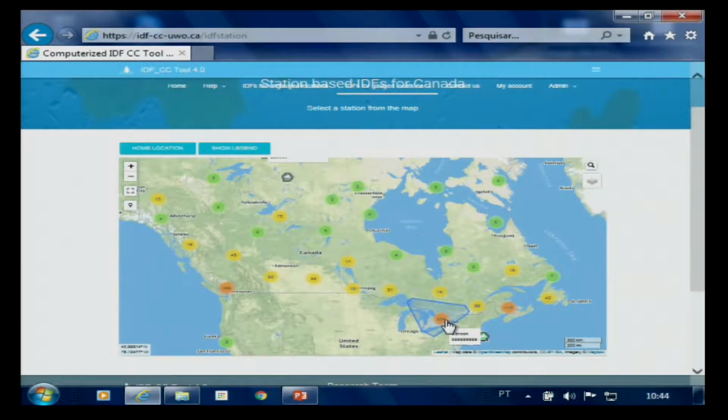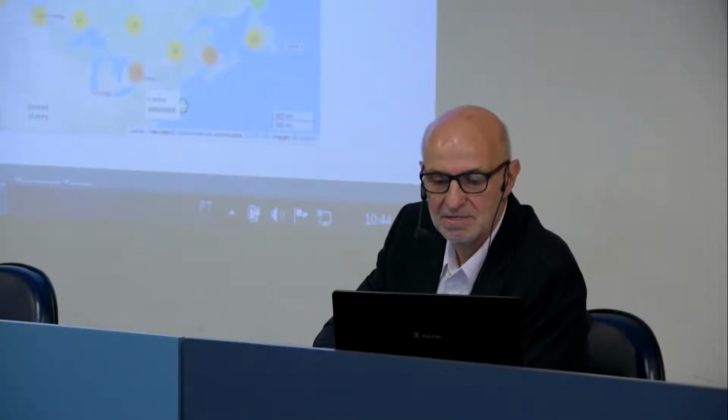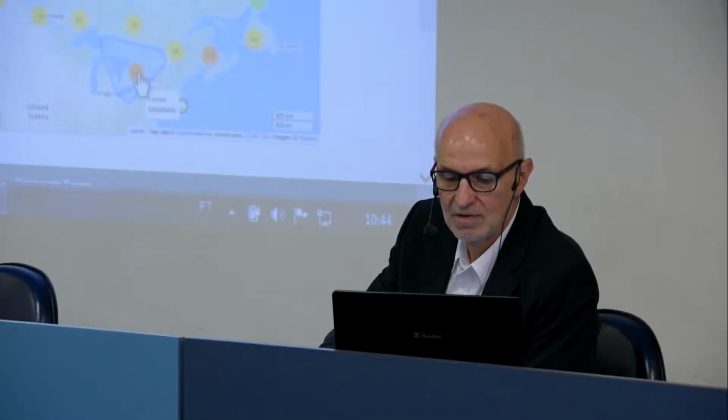This is the area of southwestern Ontario, Toronto and other large cities, Montreal, Ottawa. This is Vancouver, and within this range of orange and red is probably 90% of the stations, and you have the whole country up there with a very, very small population and a small number of stations.